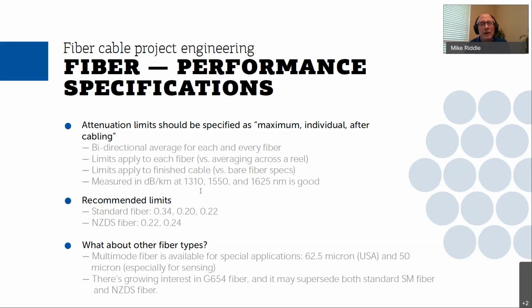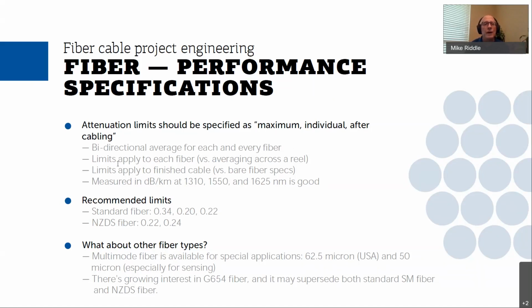But it is possible, and in fact, I've experienced it, for a fiber to test okay at 1310, but not test okay at 1550. When you talk about these limits, they should be based on a bidirectional average of each and every fiber. What that means is that you are testing the fiber from both the inside end of the cable and the outside end of the cable, and then you average the results.